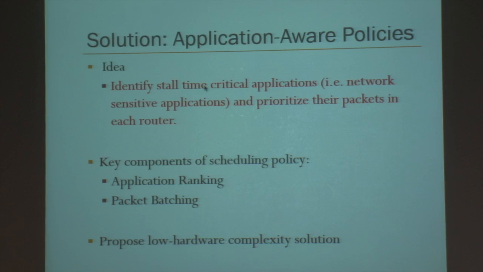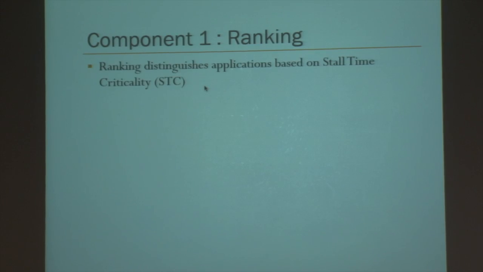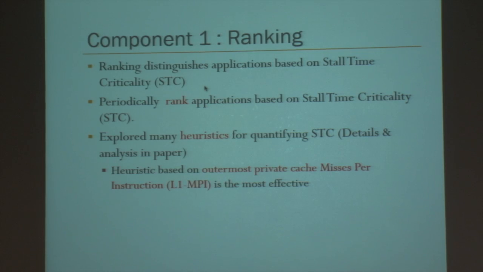Okay, so the idea here is you rank the applications based on their STC metric, but to avoid starvation and other problems, you batch the packets, so you guarantee that eventually the packet will get into the network. I think you already covered the PAR-BS paper, the parallel batch scheduling for memory. Very similar idea, ranking and batching, right? So the ranking, similar to PAR-BS, there is a heuristic that generates these STC numbers.